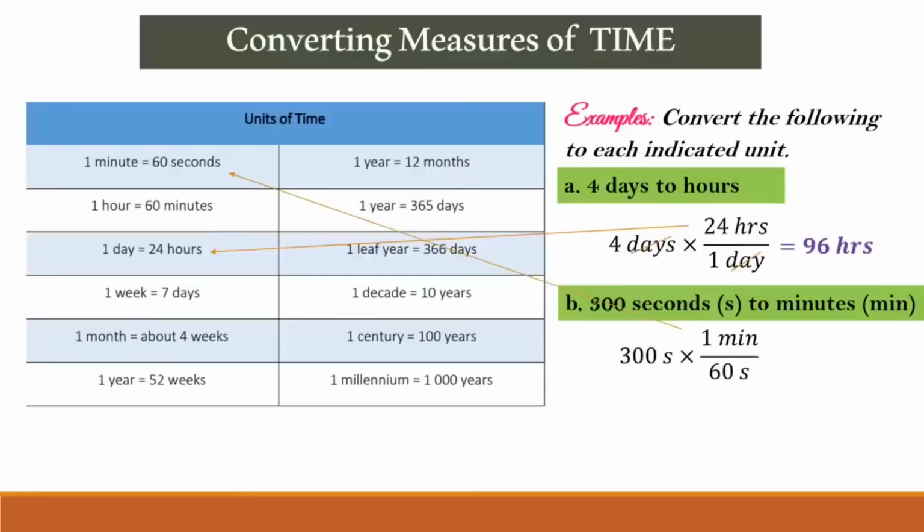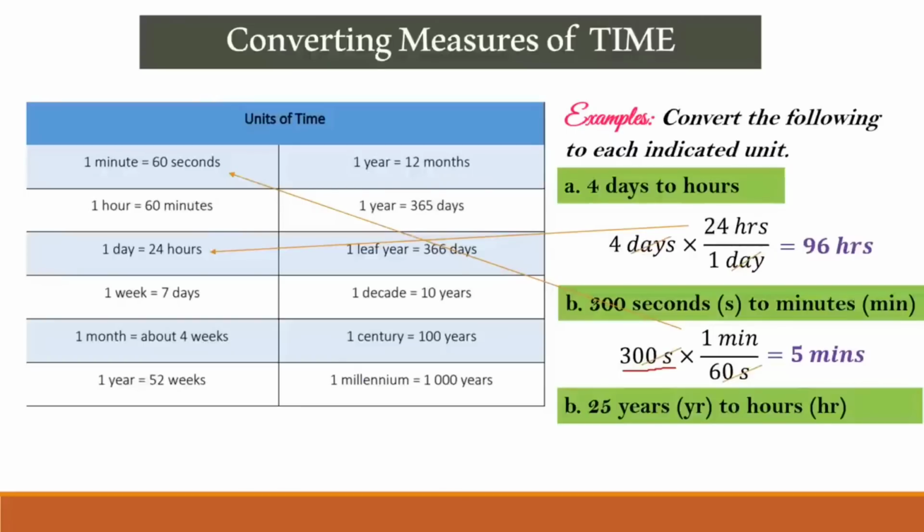The conversion that we will use is 1 minute is equal to 60 seconds. So again, our given is 300 seconds. So in our unit fraction, seconds should be in the denominator, so that we can cancel seconds and we can multiply 300 times 1 divided by 60. The result is 5 minutes.